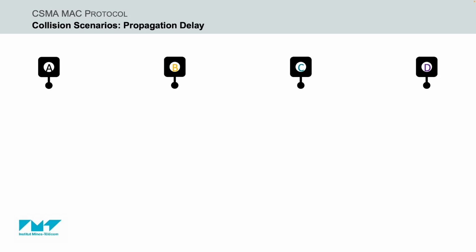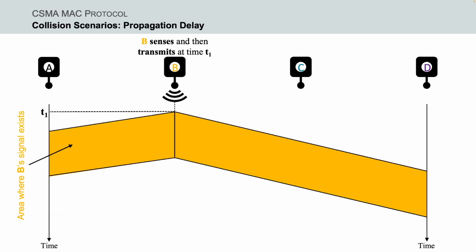Let's consider a network that consists of 4 nodes A, B, C, and D. Then let's assume that at time t1 node B senses the shared medium and detects it idle, so it can transmit a frame.